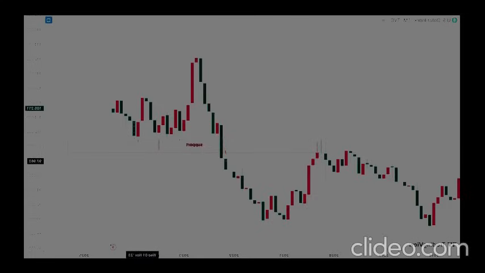So let us go down to lower time frames so you can see how we can make a simple setup or simple trade, a simple look of this chart, guys.